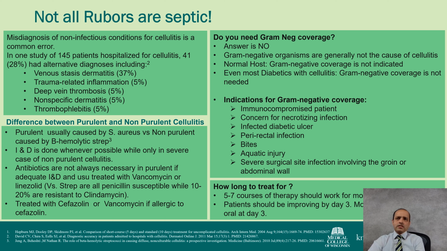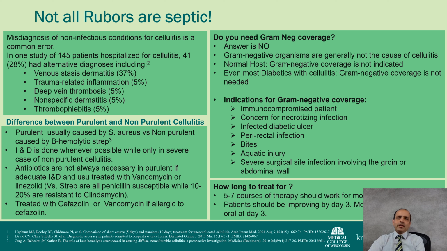If your patient is immunocompromised, if there is a concern about necrotizing infection, if it is an infected diabetic ulcer, especially if your patient has been obsessive about washing their feet, and then remember, Pseudomonas loves the moisture.